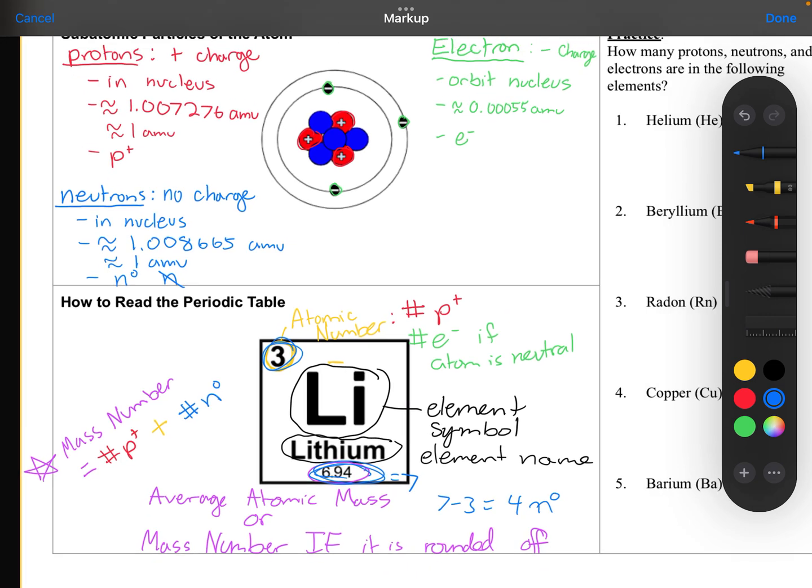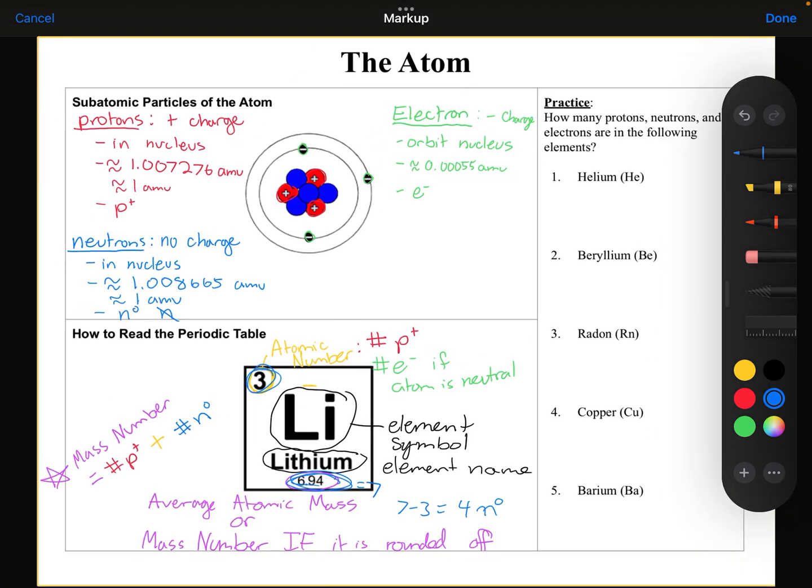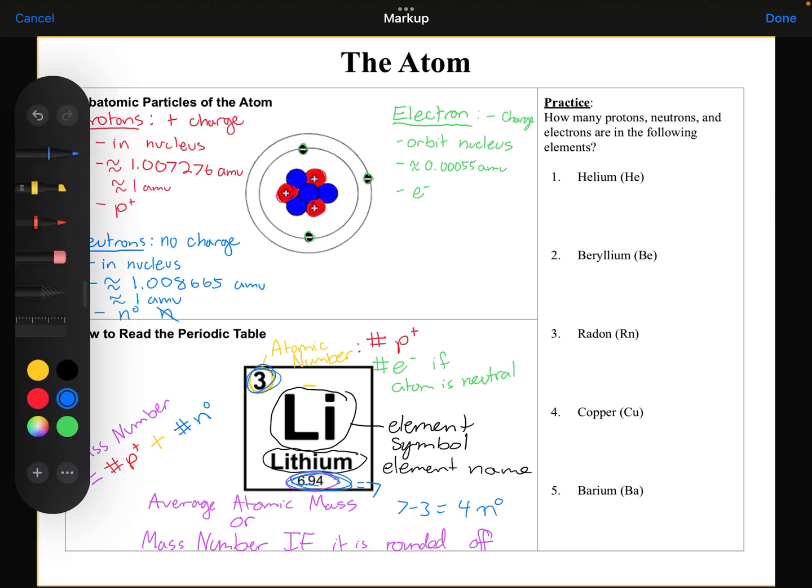Okay, so let's practice calculating amounts of protons, neutrons, and electrons for different elements over here. Okay, first we've got helium. Helium is element number 2 on the periodic table. That number in the top of helium's box is 2, meaning that helium has 2 protons and helium has 2 electrons in neutral state.